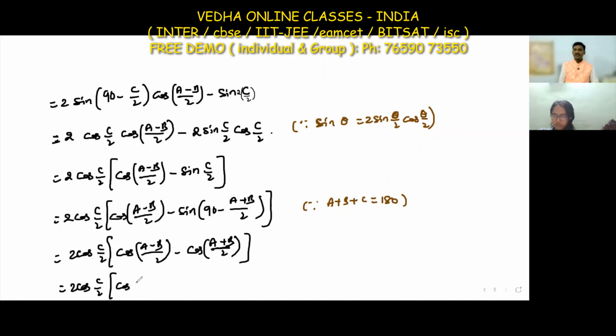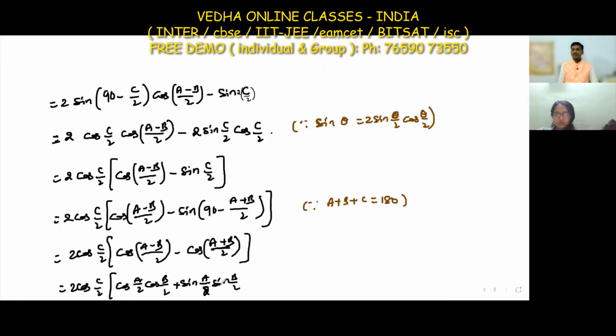Or otherwise write one step here. Cos A by 2 cos B by 2, we have minus in the middle, so we get plus sin A by 2 sin B by 2.